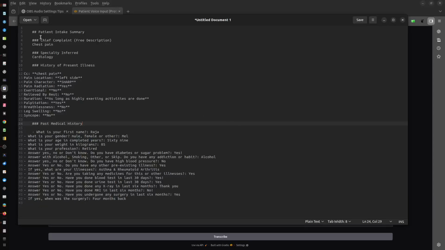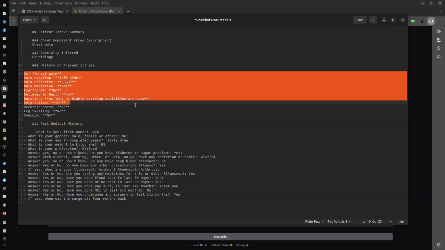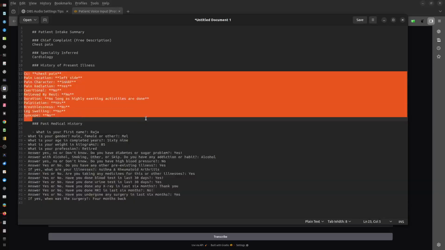Now here I have shown only one workflow, but if the complaint instead of chest pain were severe headache, then the domain inferred would be neurology. These questions would still be asked, all the questions of past medical history, but the questions here will be related to neurology.